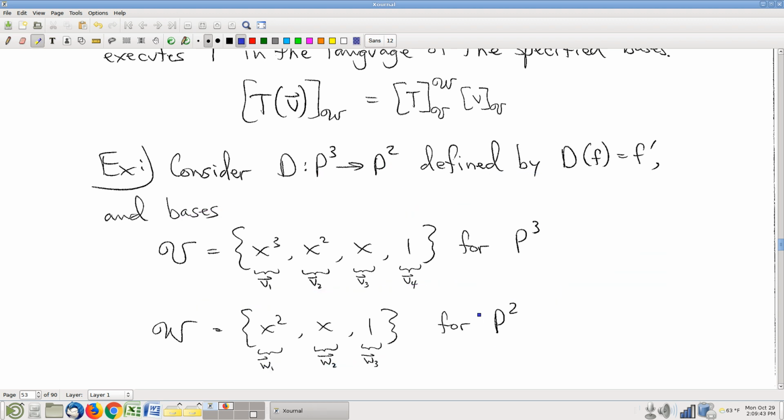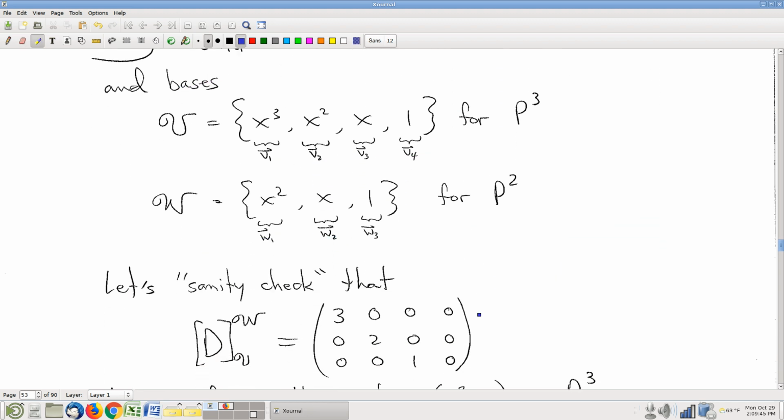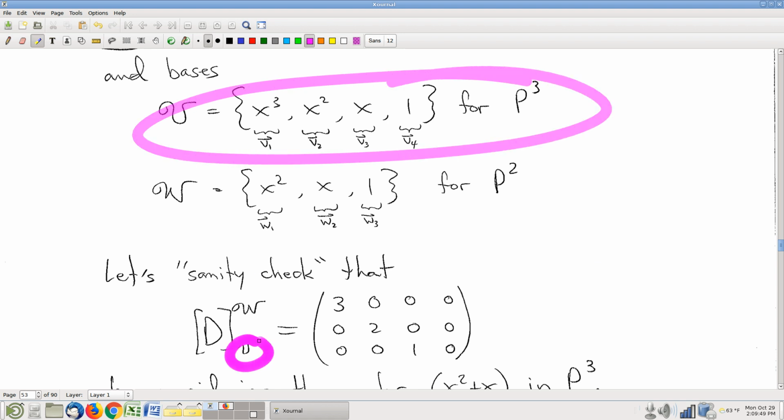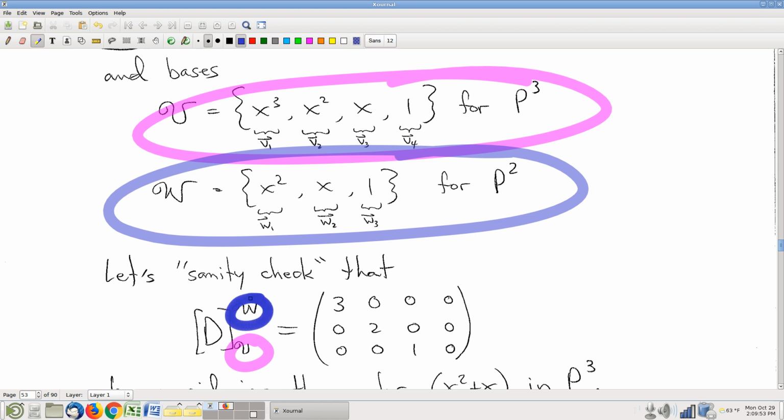Well, I claim that, with this basis in the domain and this basis for the target, this is the matrix that represents differentiation, which is very counterintuitive. It doesn't feel like a matrix could represent differentiation. Why did we learn all those weird rules back in Calc 1? Why did we learn a product rule and a quotient rule and all that weirdness?